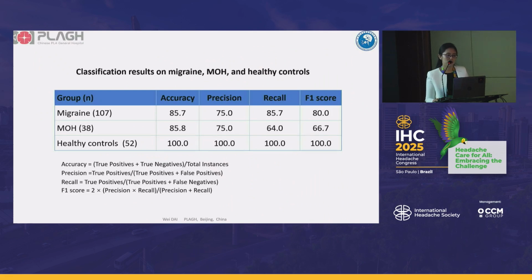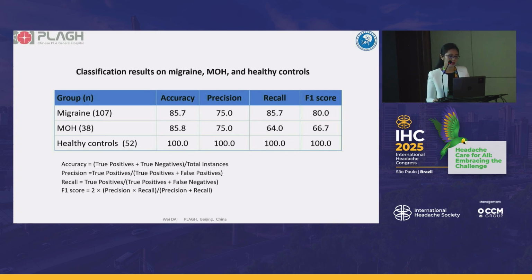Firstly, we test our model on our own dataset. We call it ECHO, and it contains 107 migraine participants, 38 MOH, that is medication overuse headache participants, and 52 healthy controls. And we can see that the accuracy results for migraine and MOH are around 85%.